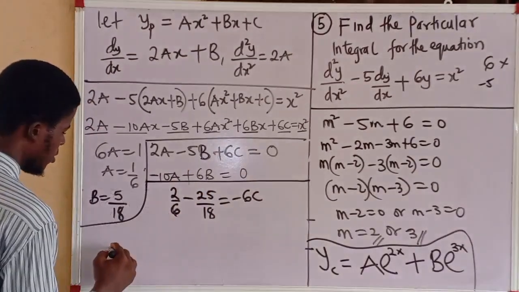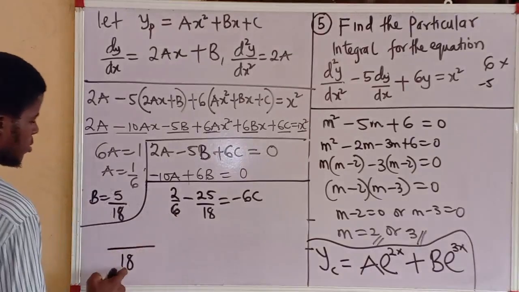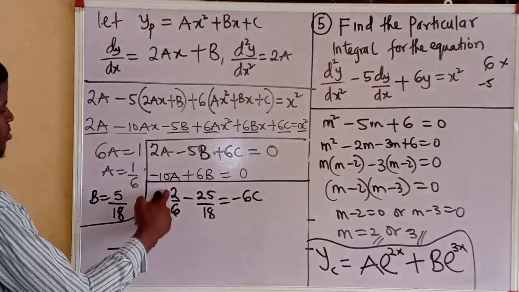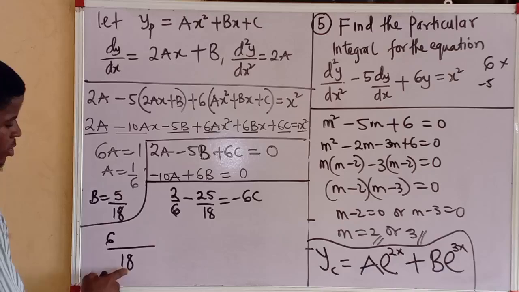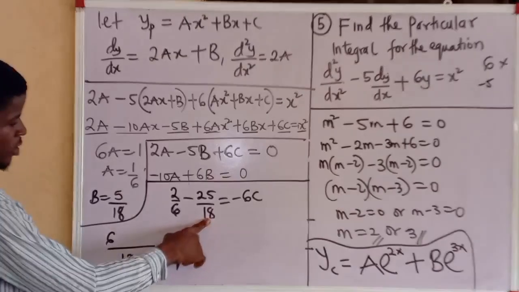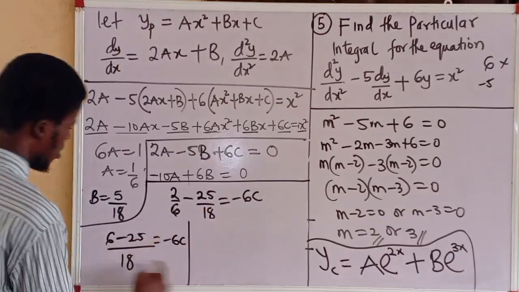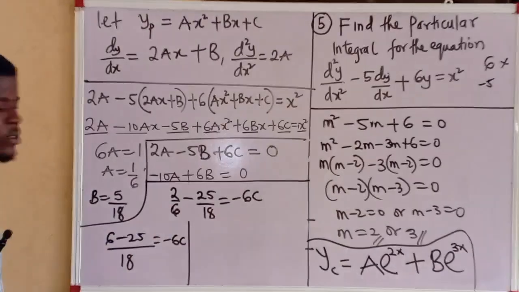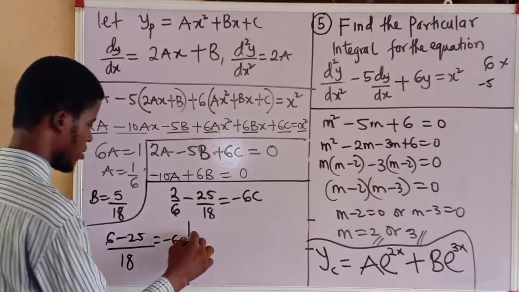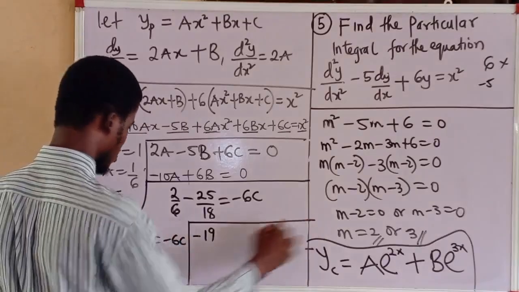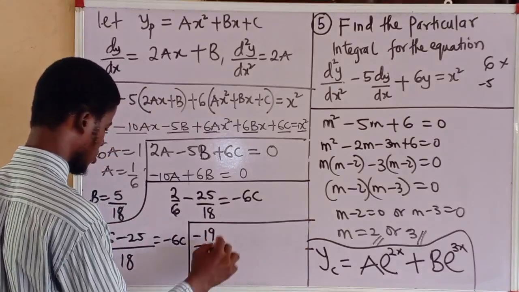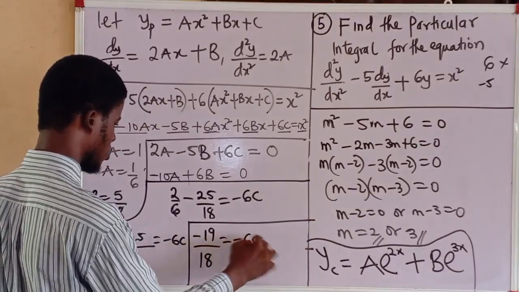The LCM is 18. So 18 divided by 6 is 3. 3 times 2 is 6. 18 divided by 18 is 1 times 25 is 25. 6 minus 25 is minus 19, right? Minus 19 all over 18 equal to minus 6c.